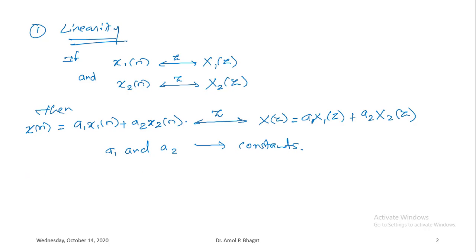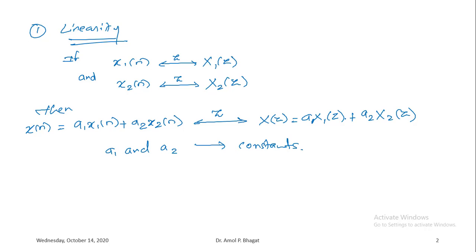That means the Z transform of a linear combination of signals is the same linear combination of their Z transforms, X1 of z and X2 of z.